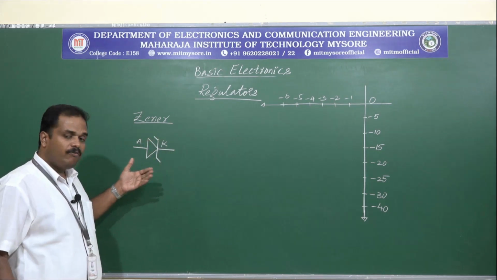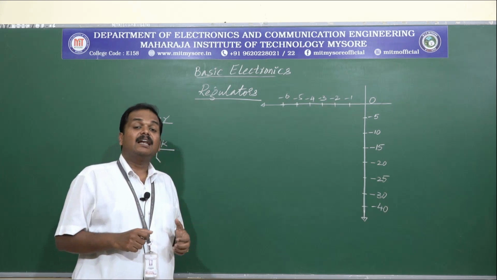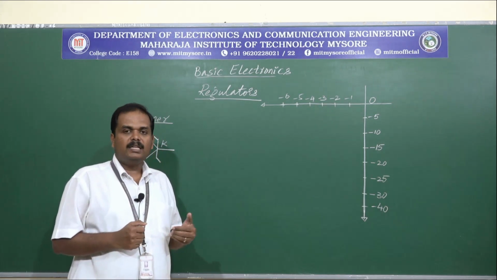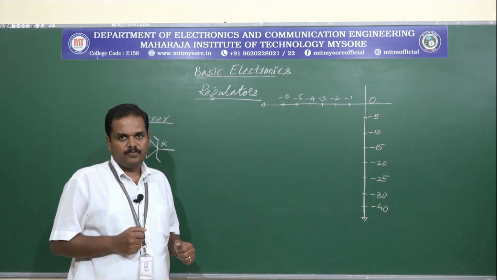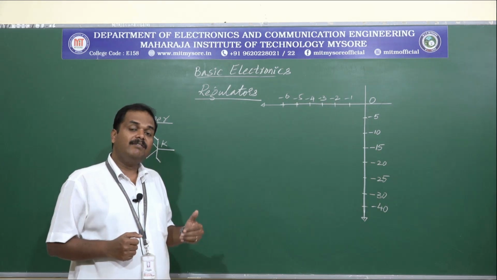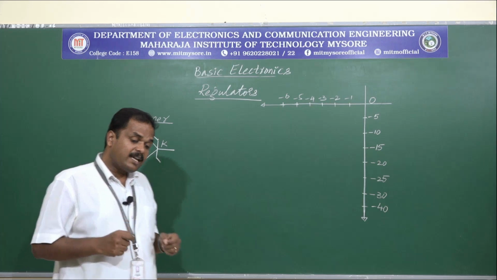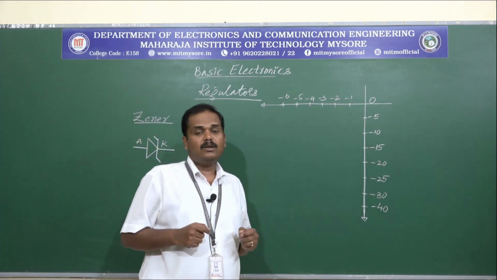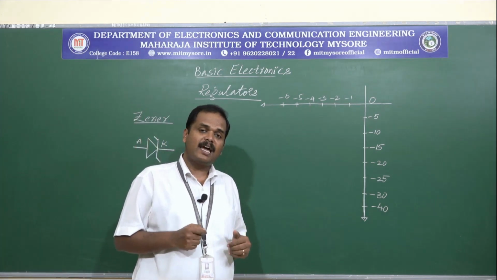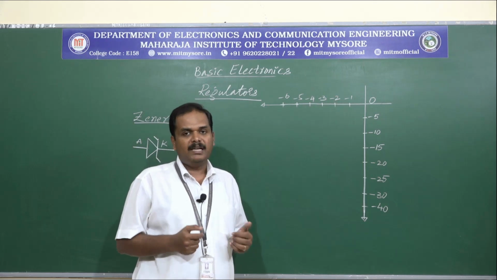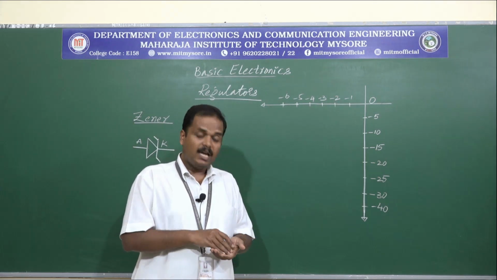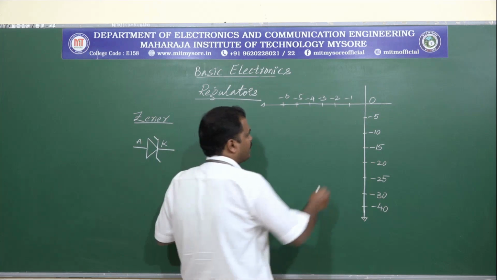So the Zener diode will be employed in the reverse biased mode in regulator circuits. So let us understand the reverse characteristics of the Zener diode. The reverse characteristics of a Zener diode look similar to the reverse characteristics of any PN junction diode. So let us draw them.